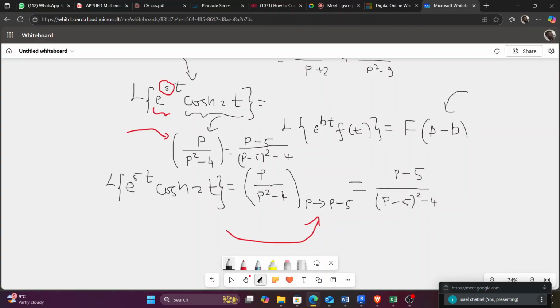You only substitute where there is P by P minus B. Let's say, guys, in this case, our B was negative. What will be P minus B? P minus B will be, you have P minus of the formula and then minus 5. In this case, you will have P plus 5. I hope you see what I'm doing.